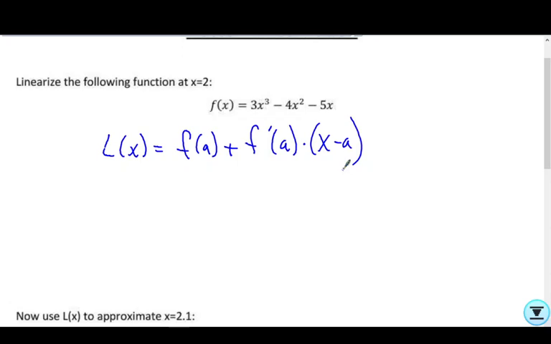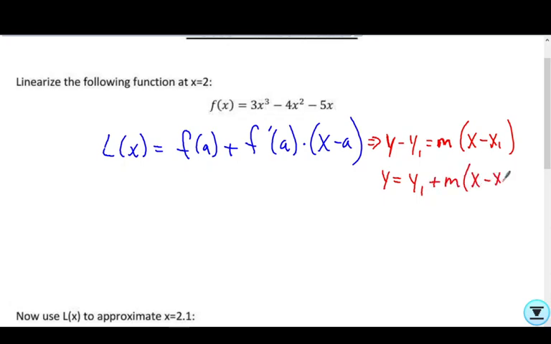Basically, all this is this equation: y minus y1 equals m times x minus x1. It is the point slope formula, where they've moved y1, so it's y equals y1 plus m times x minus x1. These are the same equation.